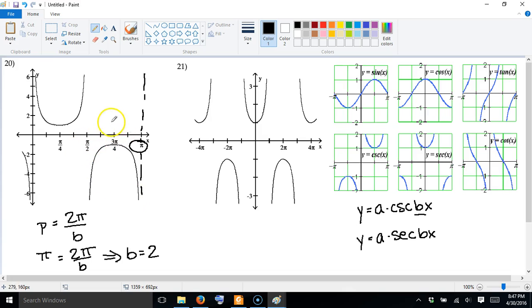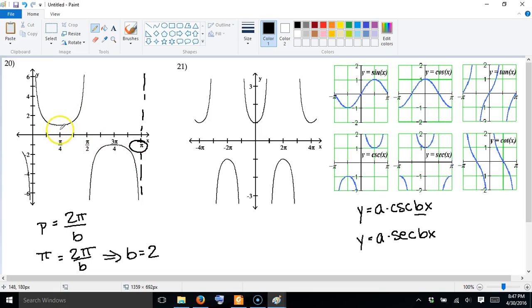Now our graph is not flipped upside down like in the previous exercise with the tangent or cotangent functions. It looks just like this function here. So it's not negative. Our value of a is not negative.